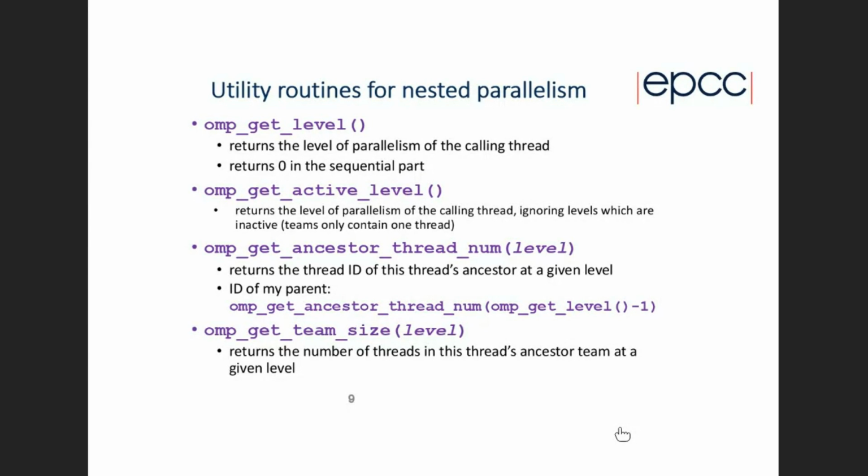Let's say that's the general advice. There may be good cases for why you want to push work down to lower level parallelism, which might be to do with data affinity. So if you have a very natural data decomposition type problem, then you might want to have groups of threads in an inner region all working on the same piece of data or the same part of the space.